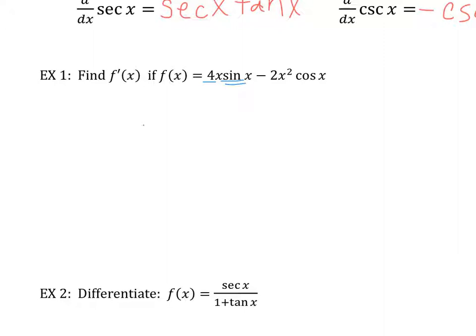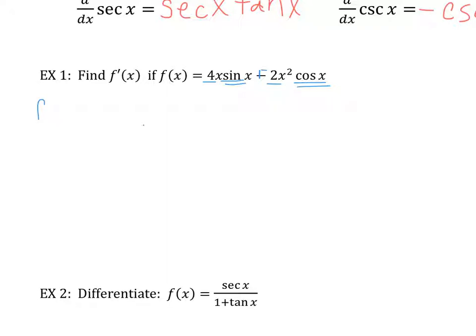I will tell you, I tend to change this minus to a plus and put the negative with the negative 2x squared. That's the way I like to do it. So try to do the product rule twice on these.